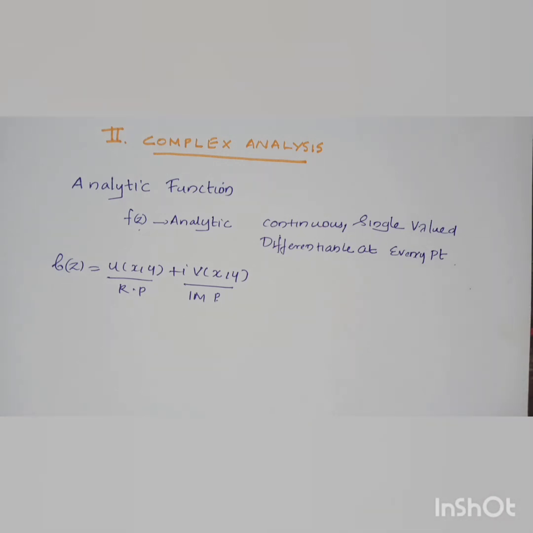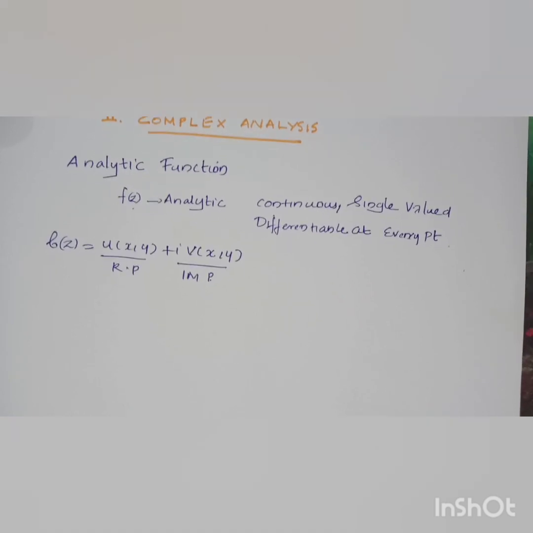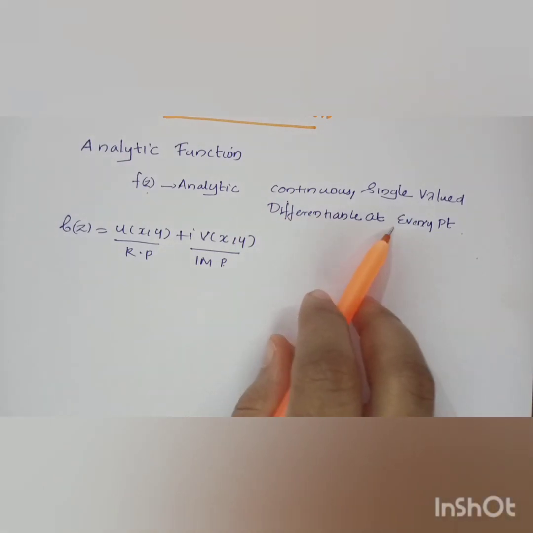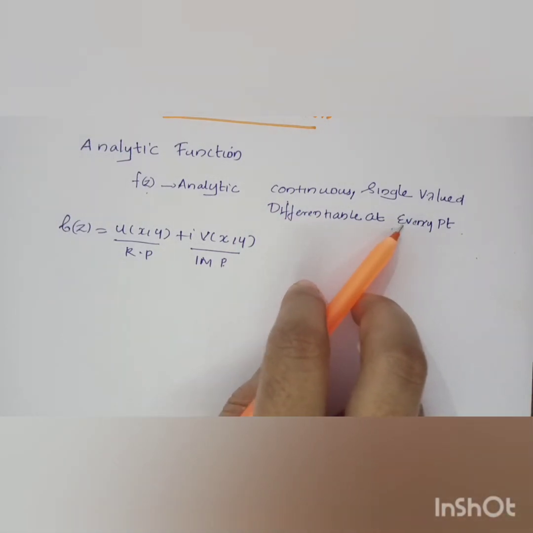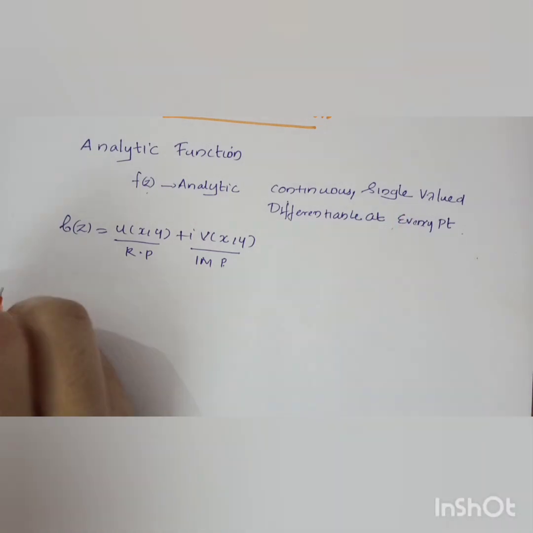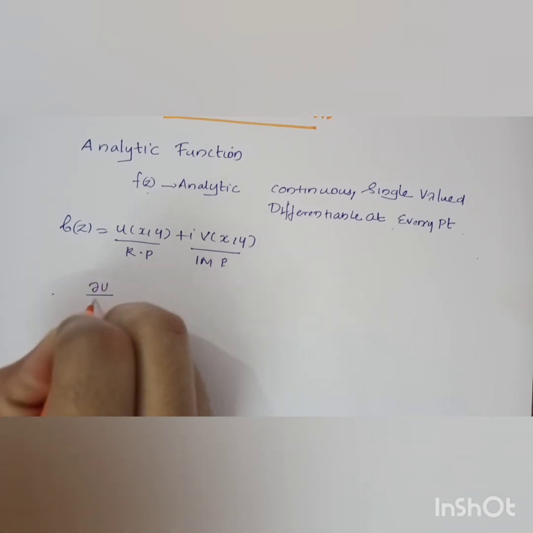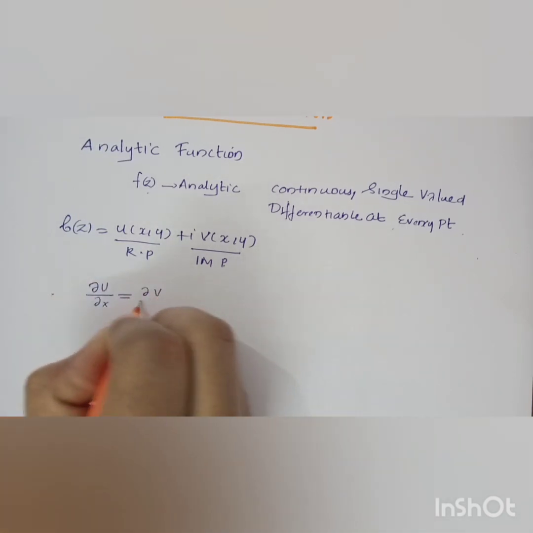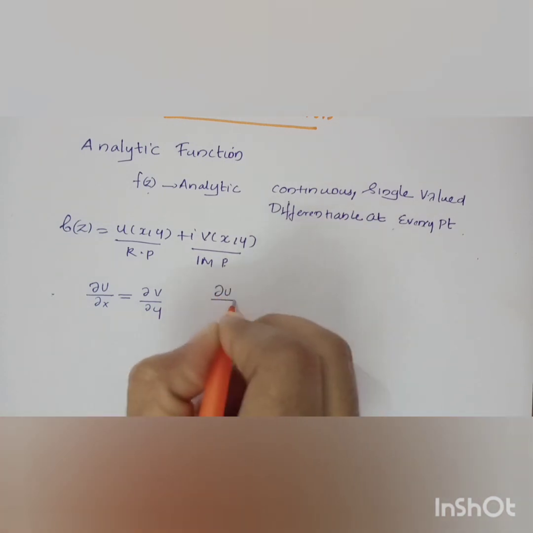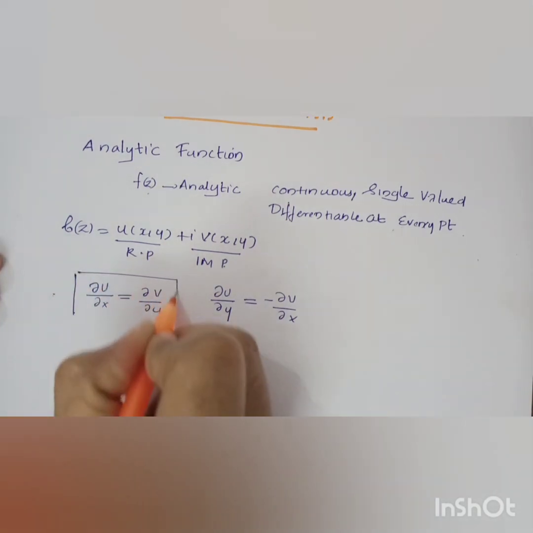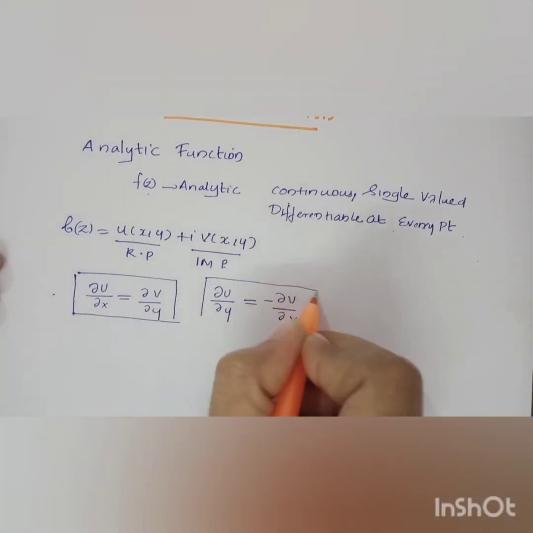The conditions for an analytic function: you know it should be continuous, single valued and differentiable at every point, and there is one more condition, that is the Cauchy-Riemann condition. It is a necessary condition: dou u by dou x is equal to dou v by dou y, and dou u by dou y is equal to minus dou v by dou x. So these are the conditions followed by an analytic function.